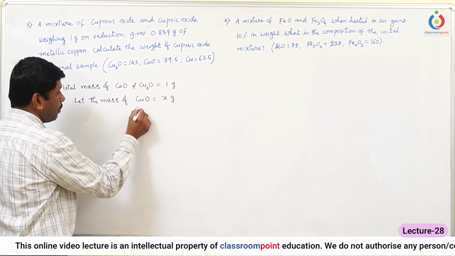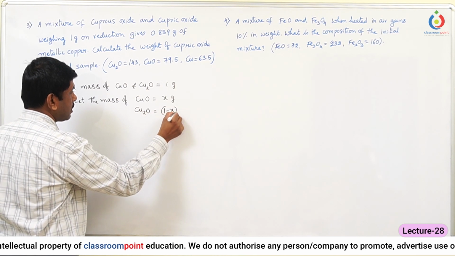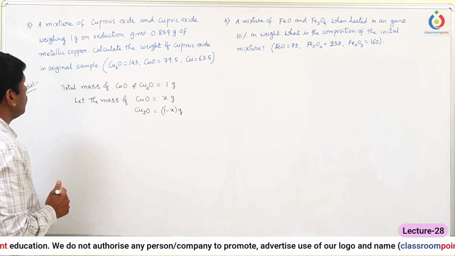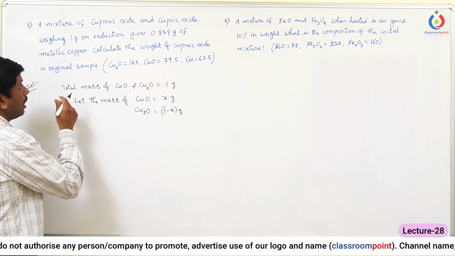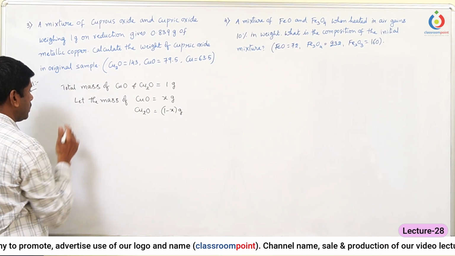Then the mass of the cuprous oxide becomes 1 minus x grams. When we see the reactions of cupric oxide and cuprous oxide, as they said, they completely convert into metallic copper on reduction.